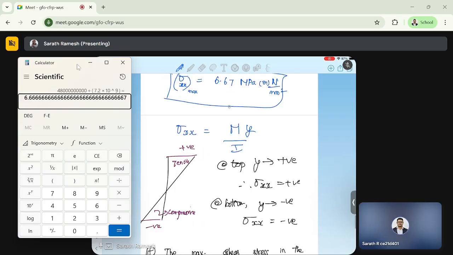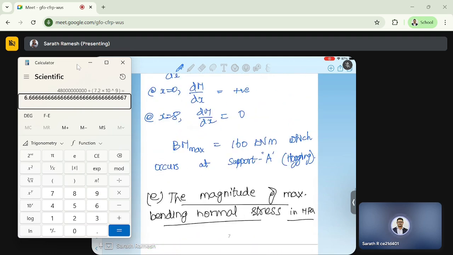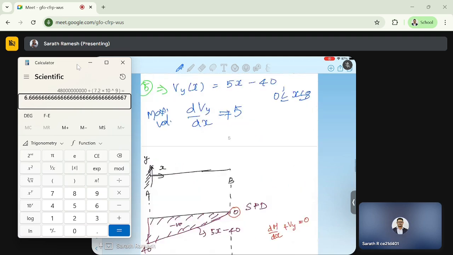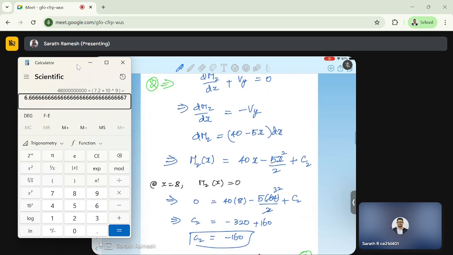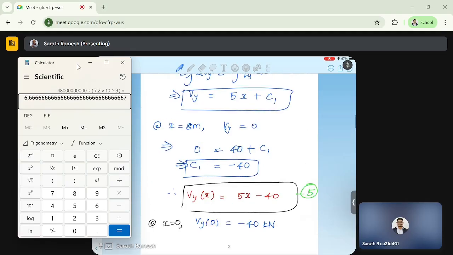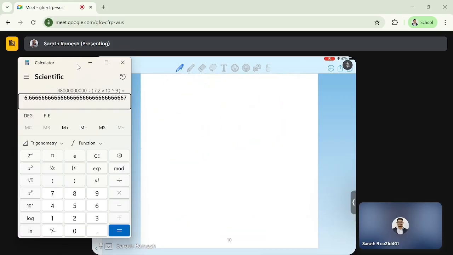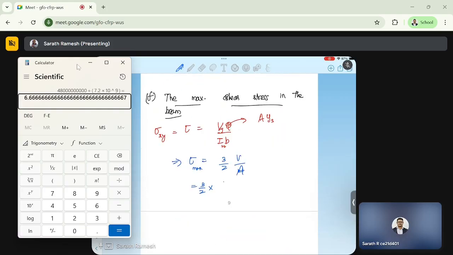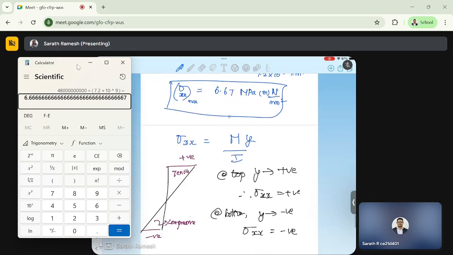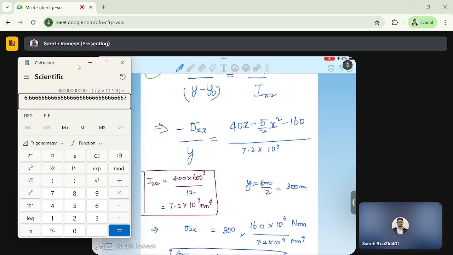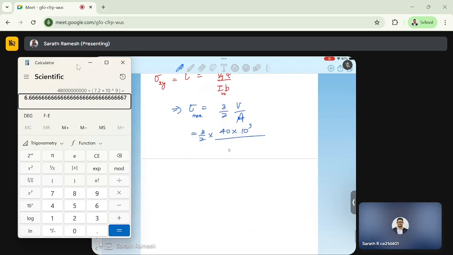What is V? The maximum value of shear force is 40 kilonewton, by area, 400 into 600.